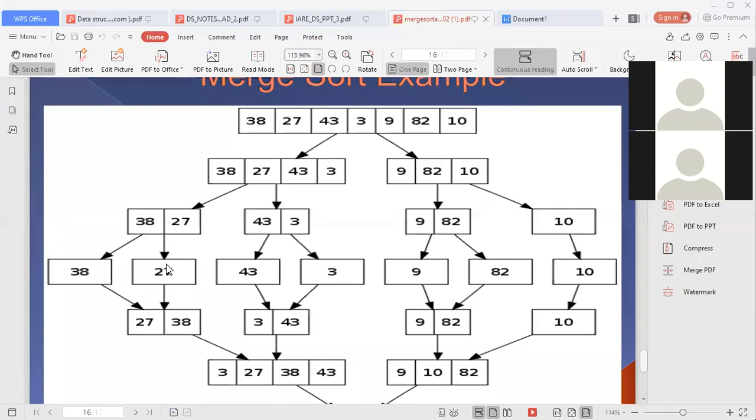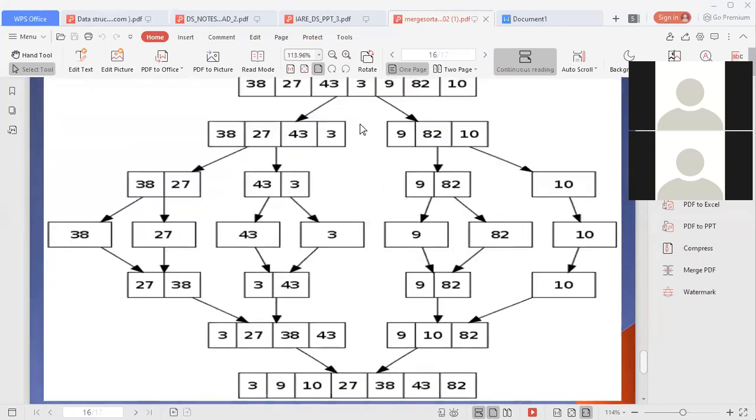This gives complete understanding. Do you understand the merge sort method? Complete this drawing. Note down this example. If any particular doubt is there, you can ask me, no problem. Now copy this example.